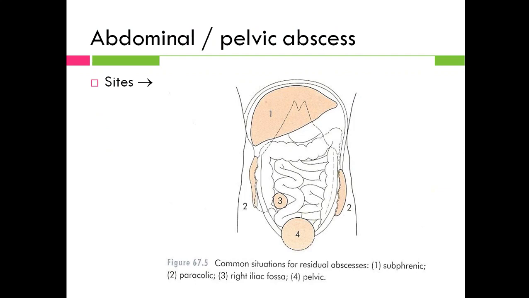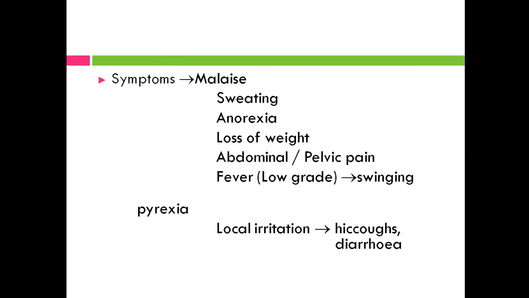Now, what are the sites of abdominal abscess? You can get an abdominal abscess in different anatomical locations, like pelvic abscess is most common, subphrenic abscess, paracolic, right iliac fossa, and other regions like the lesser sac, the subhepatic, like that. Now, what are the symptoms of an abdominal abscess?